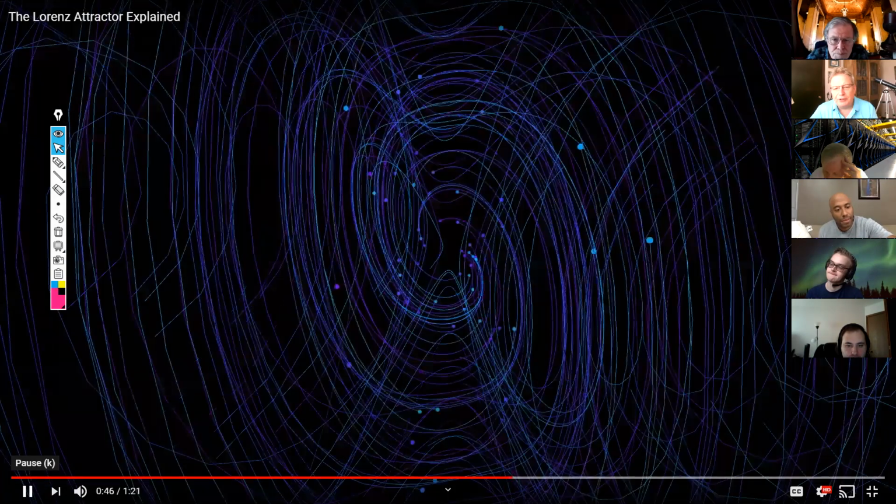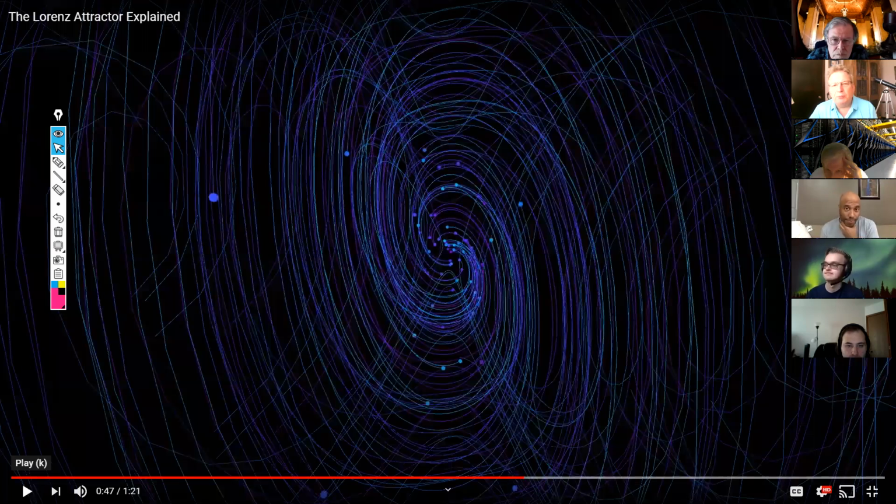He's using different starting points based on these equations, and they all tend to focus around these two points. No matter where they start, that's what all these dots are.